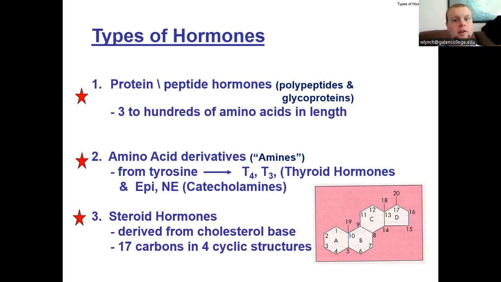They've been broken down from their traditional amino acid parental molecule. Amino acid derivatives coming from tyrosine are the thyroid hormones, T4 and T3, thyroxine and triiodothyronine, respectively. We also see the catecholamines, secreted from the adrenal medulla: epinephrine and norepinephrine.